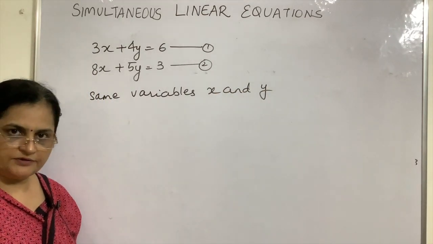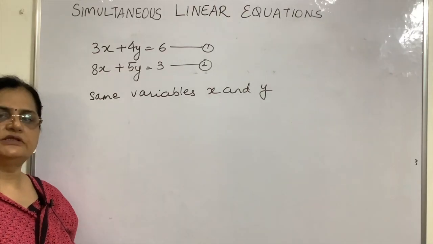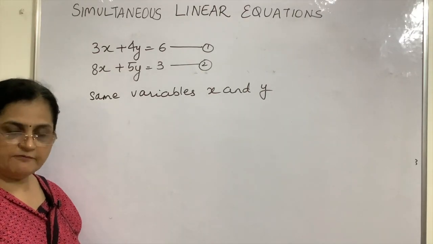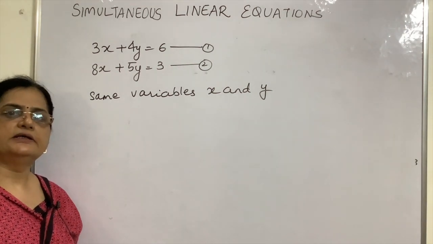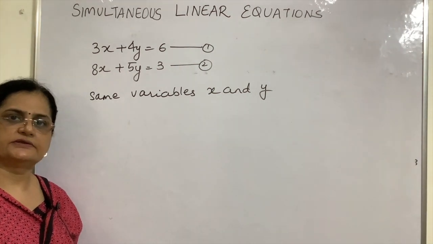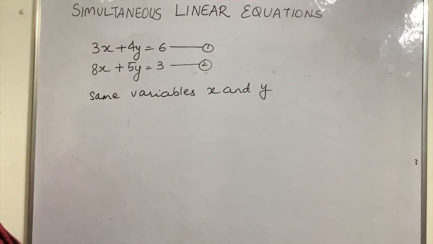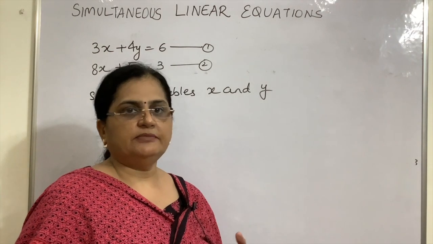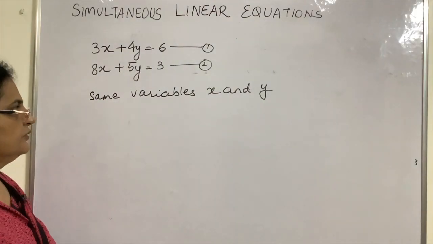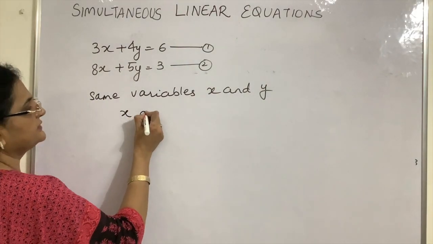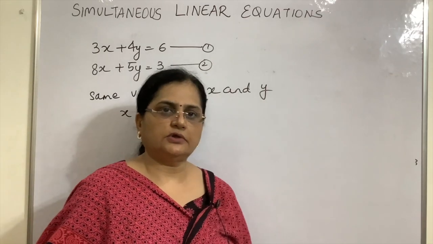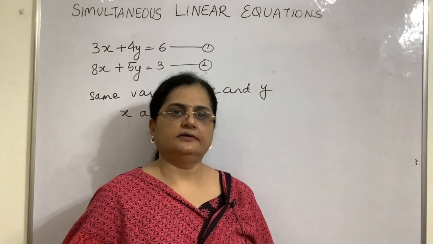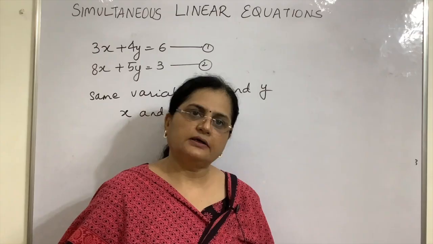So a system of equations or a pair of equations having the same variable are known as simultaneous linear equations. So these can be treated as simultaneous linear equations, and they can be solved to find the values of the variables x and y. Now how to solve this? The first method we will be talking about is the graphical method.